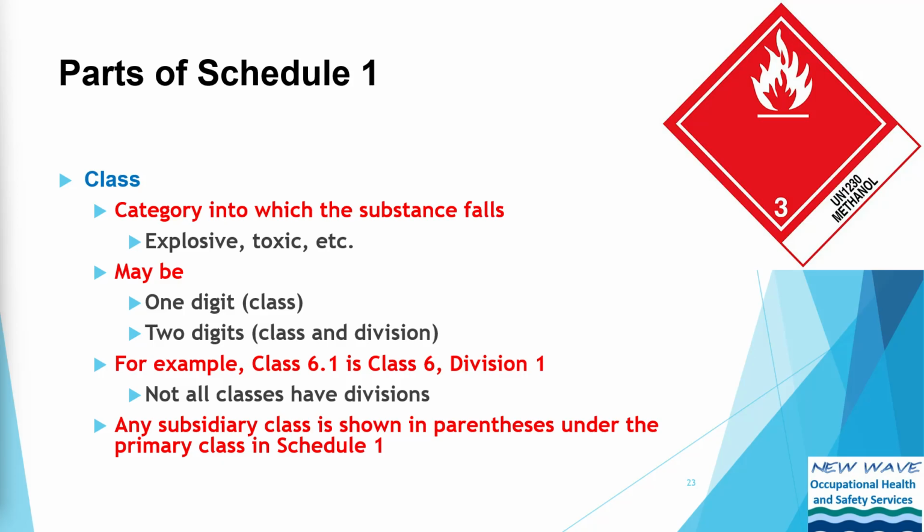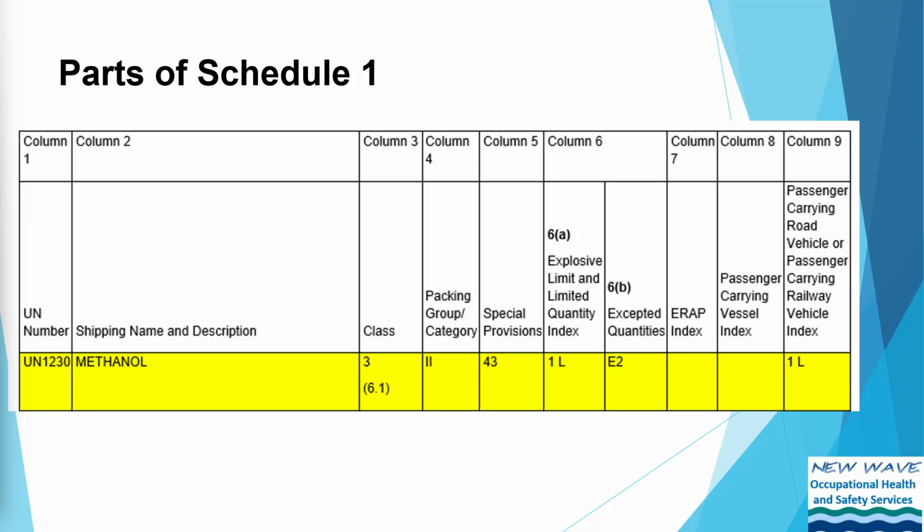For example, Class 6.1 is Class 6, Division 1. Any subsidiary class is shown in parentheses under the primary class in Schedule 1. For example, here we see methanol, which has a primary class of 3 and a subsidiary class of 6.1.